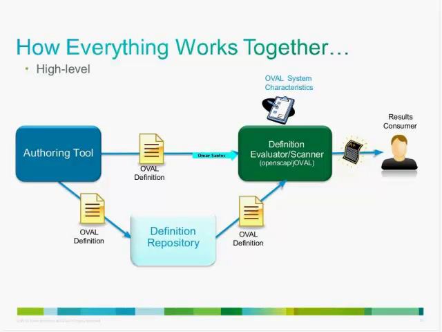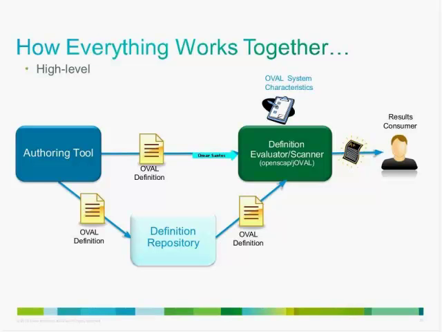To mention a couple, OpenSCAP is an open source tool, and Joval, which is actually an open source tool that we use here at Cisco to not only validate our content, but to make sure that our content can be easily consumed by customers in an effective way.